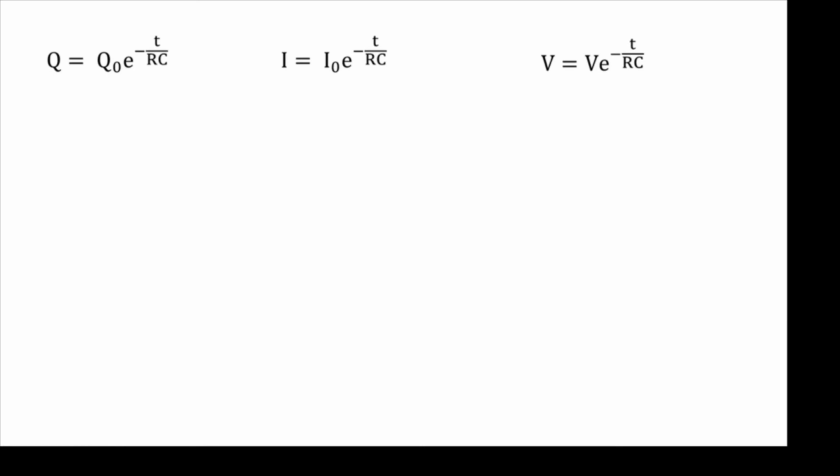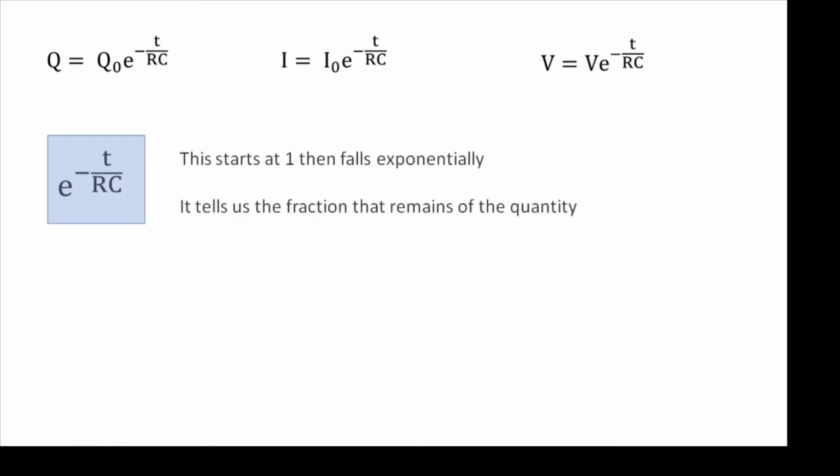It's useful to think of e to the minus t over RC as how much is left. At t equals 0, it will be equal to 1, and then it will fall exponentially and eventually reach 0. So it tells us the fraction that remains, from 1 to 0. If you multiply it by 100, it would tell you the percentage left.